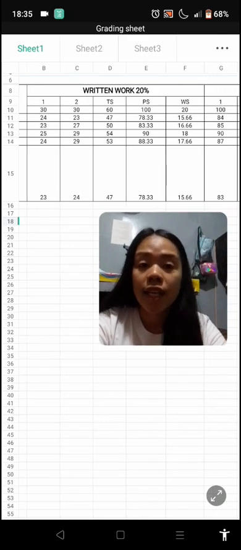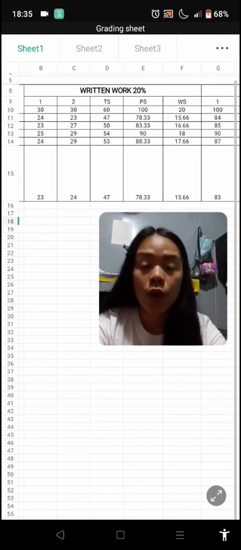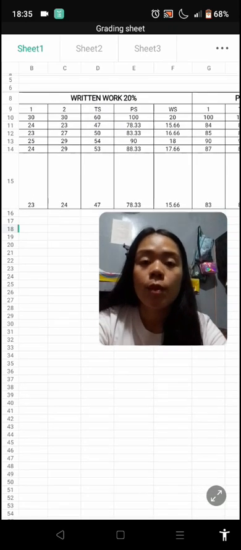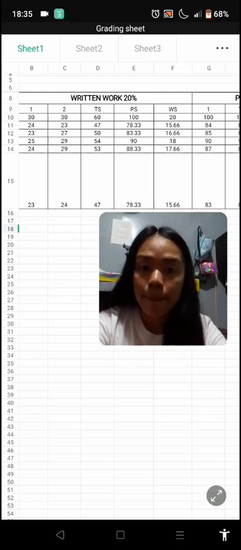So how can we get the percentage? We have a total of 60 items, so we put 100 at the top.